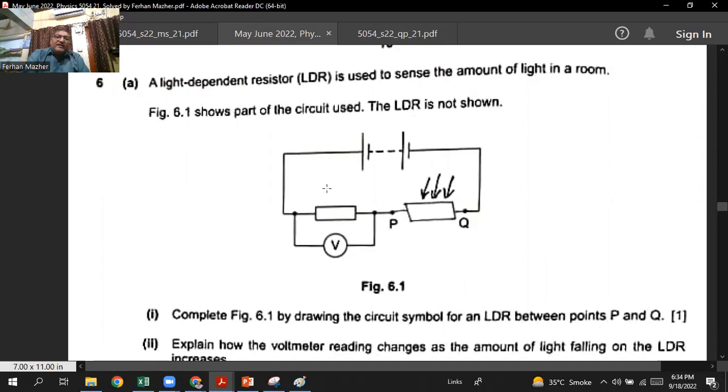Due to this, the whole resistance of the circuit will decrease, so the current coming out of the battery will increase. Now the fixed resistor's resistance is still the same, but the current flowing through it has increased. And you know the voltage drop is V equals IR, so R is still the same for this fixed resistor, but the current flowing through it has increased. So the voltage drop across this will increase.